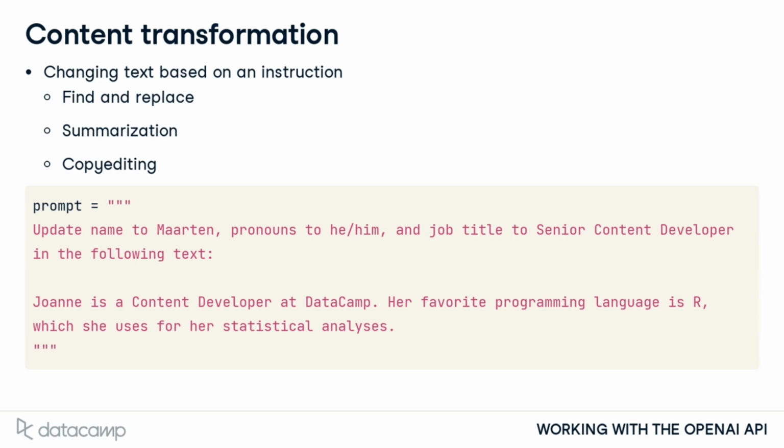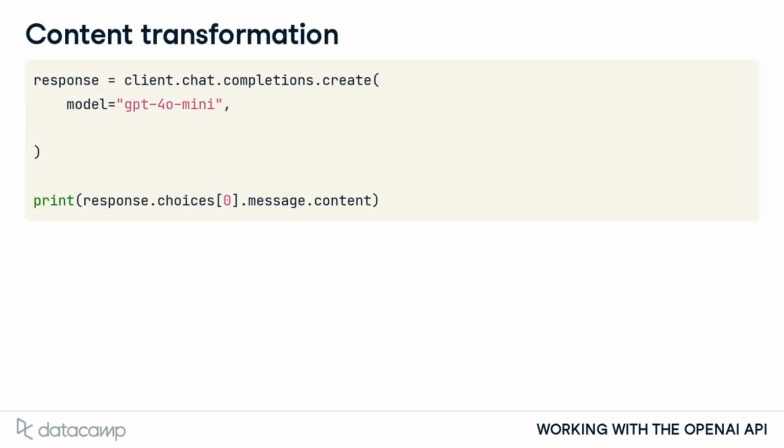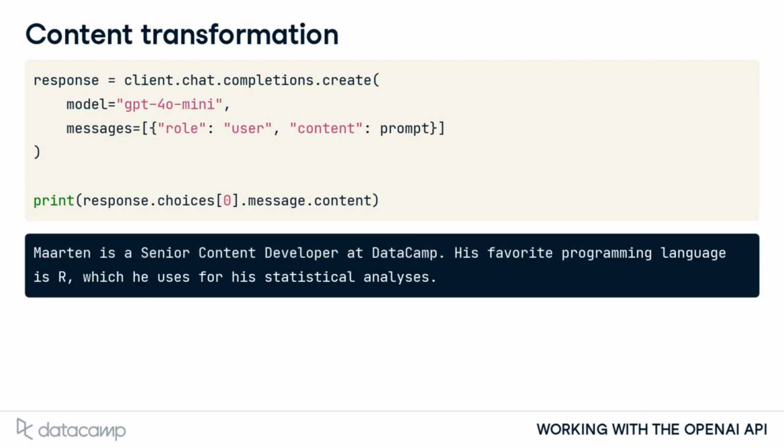We've also used triple quotes to define a multi-line prompt for ease of readability and processing. Then, as before, we send this prompt to the chat completions endpoint. Voila! We have our updated text. Even with a find and replace tool, this task would normally require us to specify each word and its replacement.